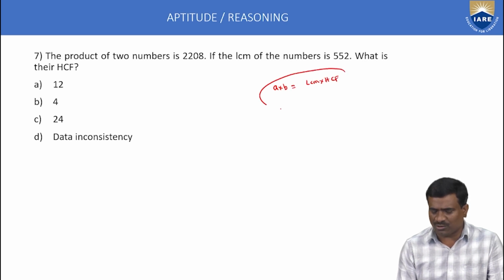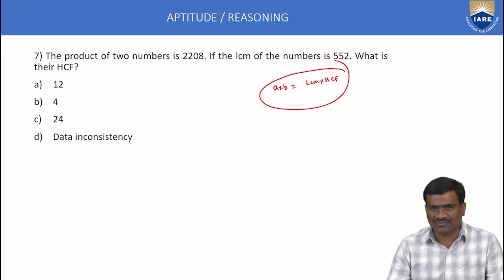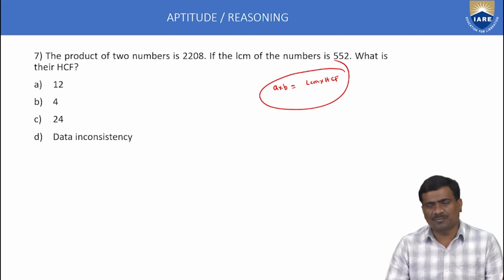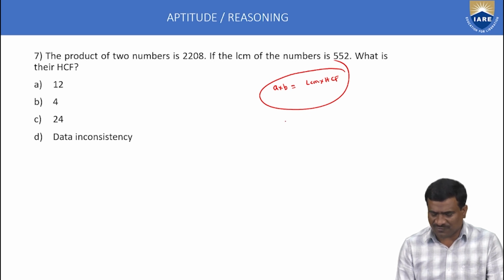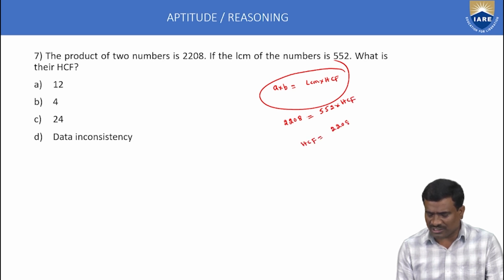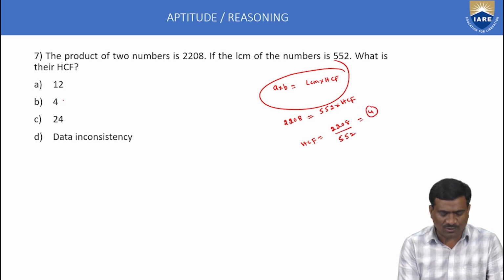This is a standard formula. The product of two numbers is 2208. LCM is given as 552. Calculate only HCF. Then HCF is equal to 2208 divided by 552, which is equal to 4. Option B only is correct.